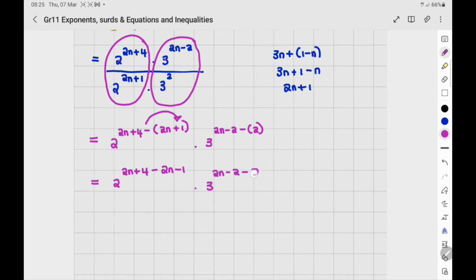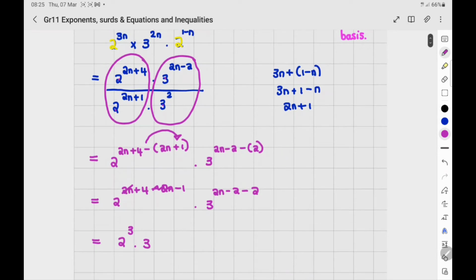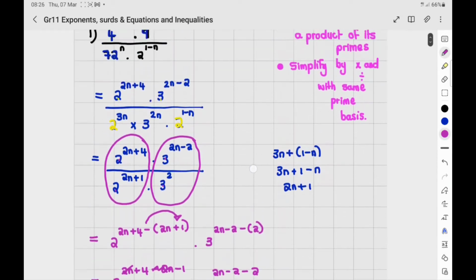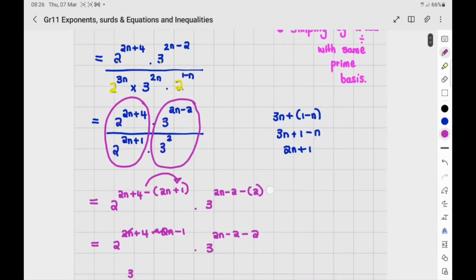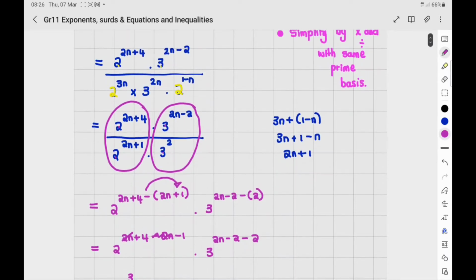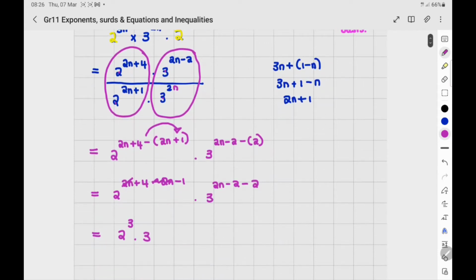2n minus 2 minus 2, and then you can go and say, well, 2n minus 2n becomes 0, so I'm left with 2 to the power 4 minus 1 is 3 times 3 to the power 2n, oops, somewhere I have 2n minus 2 minus... somewhere I've made a mistake, sorry, let me just quickly check. 3 to the power 2n, sorry, I forgot that n, so it's 3 to the power 2n minus 2 minus 2n.